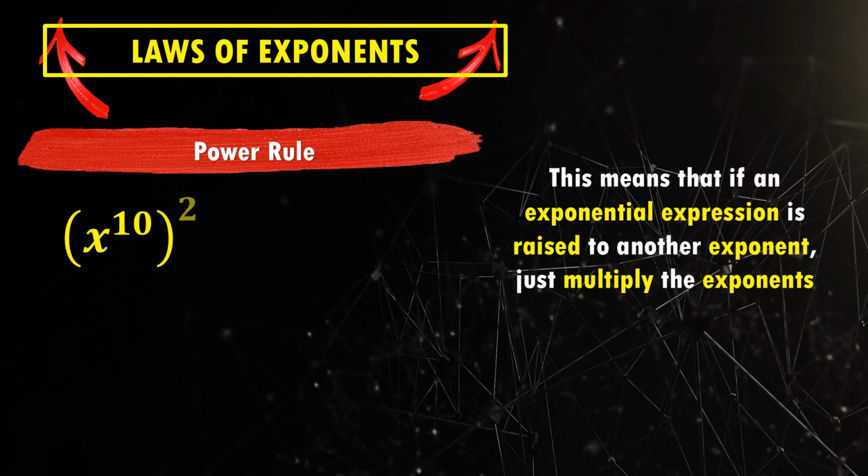So for example, we have x raised to 10, raised to 2. So magiging sagot natin is x raised to 20. Paano nangyari yan? Yung 10, minultiply lang natin sa exponent sa labas, which is si 2, kaya nakuha natin is 20.